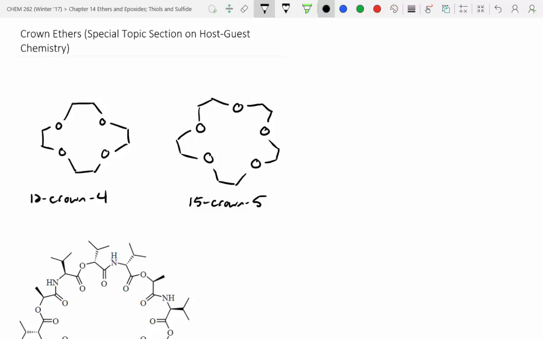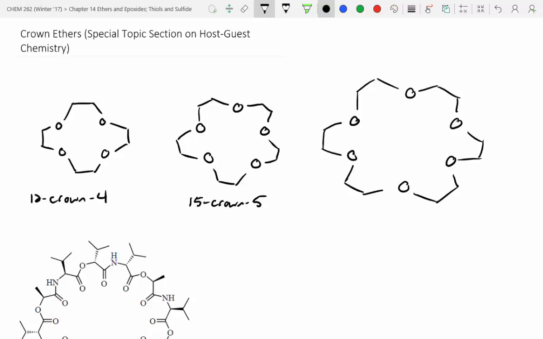And then last but not least, we've got 18 crown 6, where we've got 6 oxygens instead of 5. In fact, I'm going to blow this up a little bit more. And in the 60s, everybody was doing a lot of cool chemistry with these crown ethers. So this is 18 crown 6.